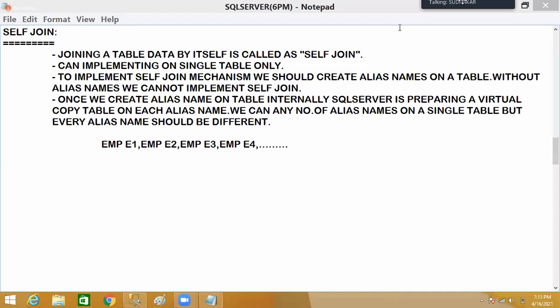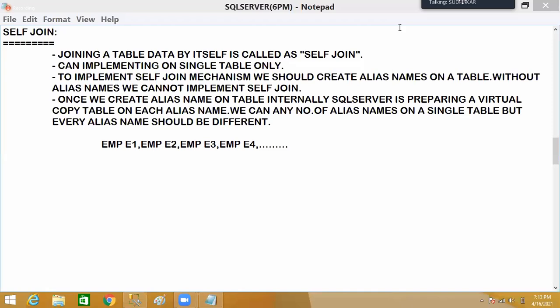However many aliases you create on a single table, that many virtual tables are created by SQL Server internally. With the help of these virtual tables, we compare the data and check, and after that we retrieve the necessary data from a single table.